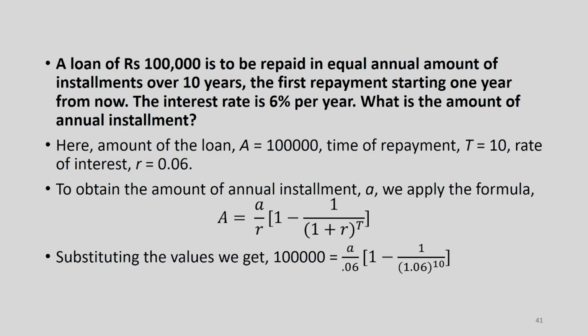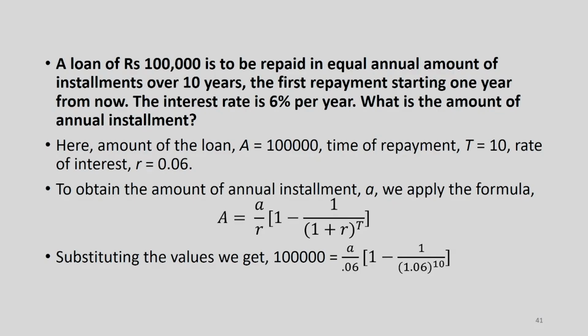There is a loan of 1 lakh rupees which has to be paid in equal annual installments over 10 years, and the first payment is starting from the next year. The interest rate is given as 6%.